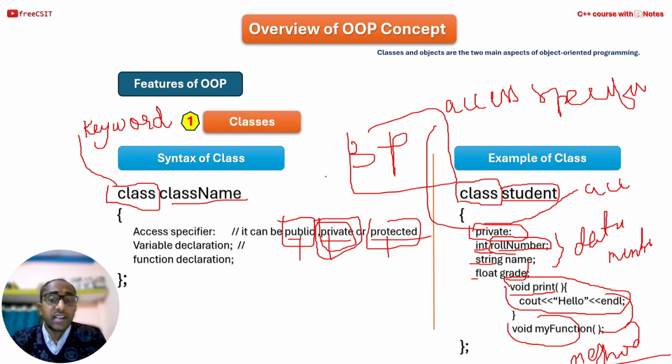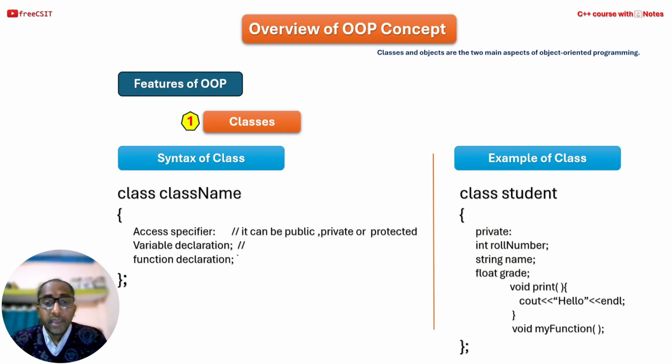Inside the class there are integer variables, string variables, float variables, just like grade. And when the variables are declared within a class, they are called attributes. Whenever variables are declared inside the class, they are called attributes.